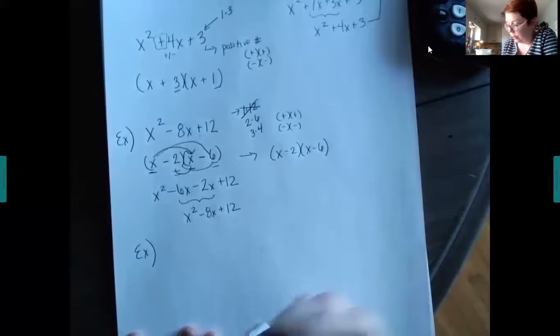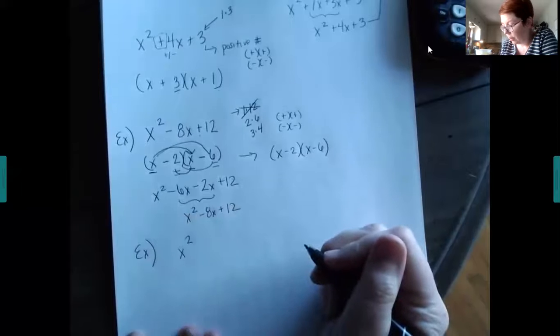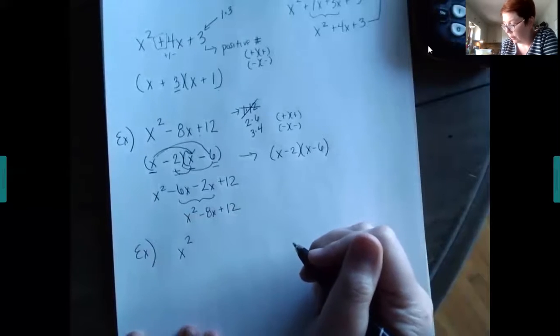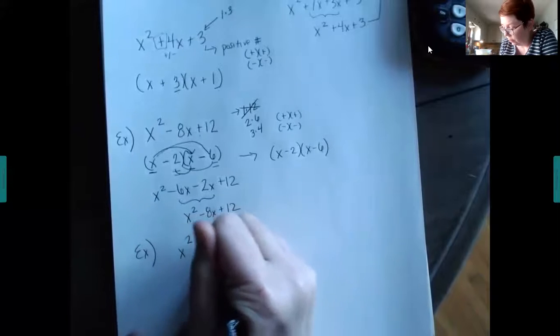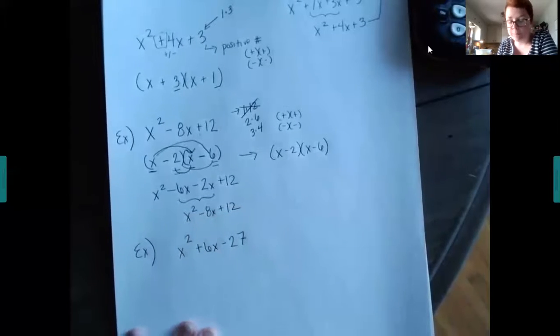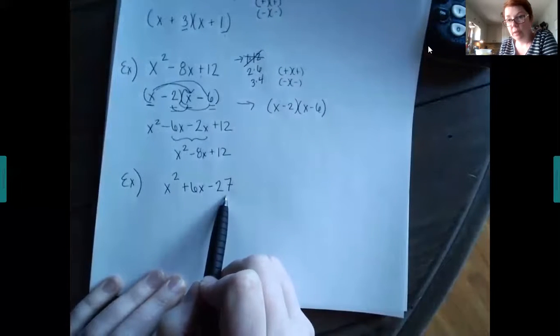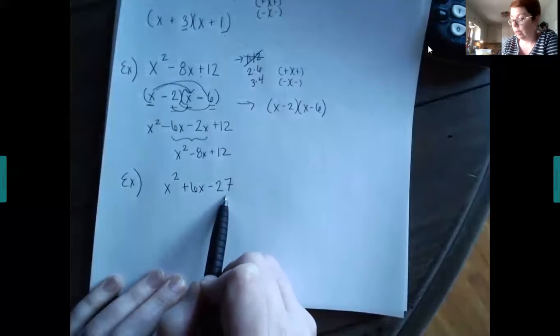So let's see. If we have x squared, if we had something like that. So can we factor something out of all three things from the get-go? No, we can't.